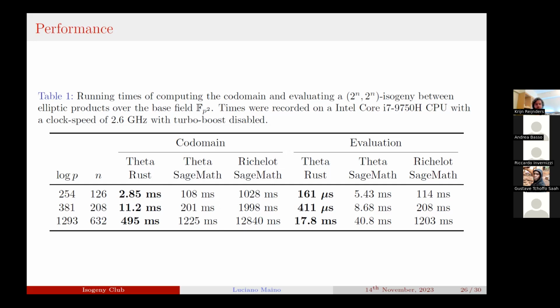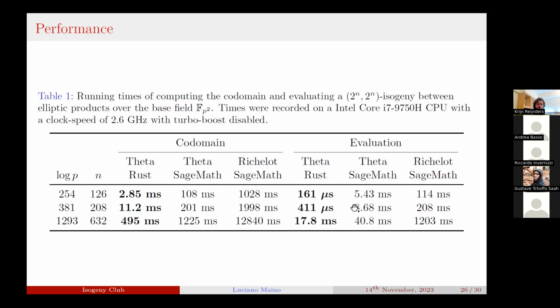As you can notice, the bigger the characteristic, the lower the ratio of the gain that you obtain from the SageMath implementation to Rust. That is because in SageMath some time is spent converting between different types, and that's a constant overhead that doesn't depend on the characteristic of the field, whereas the characteristic of the field matters for the Rust implementation.